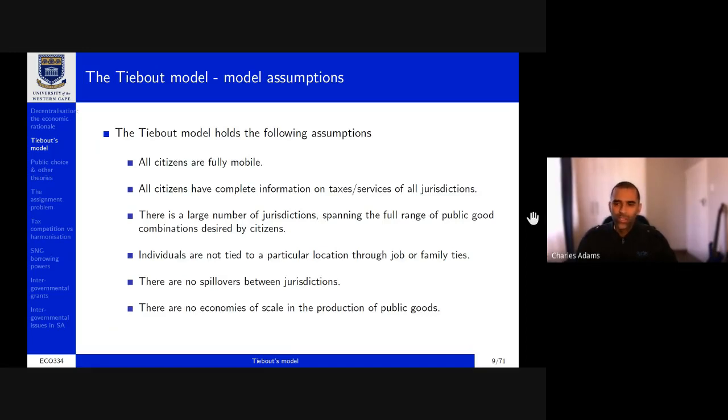So then the free rider problem creeps in if you don't make this assumption. Then there are no economies of scale in production of public goods and services. Again, not having this assumption introduces the scope for free riding, right?